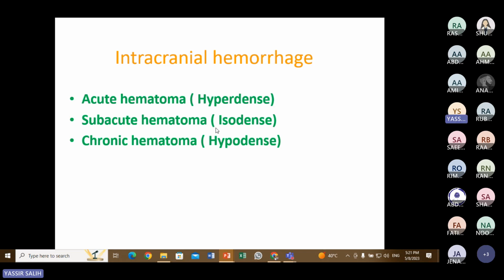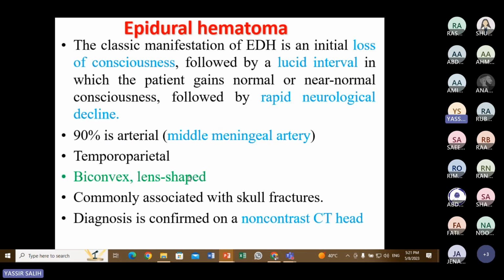And subacute blood appears isodense to brain parenchyma, compared to the normal brain parenchyma. And the chronic hematoma or hemorrhage appears hypodense or black compared to the normal brain parenchyma. نيجي نتكلم عن كل واحدة لحالها.